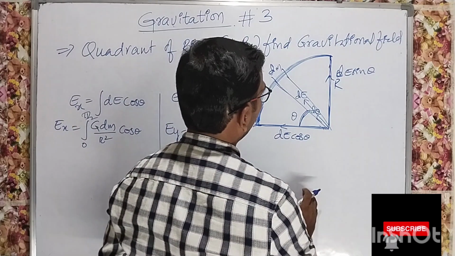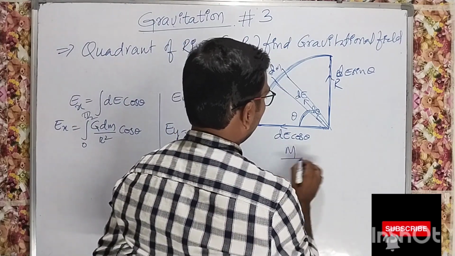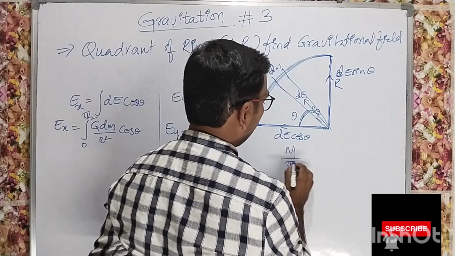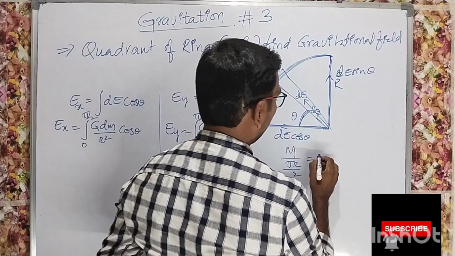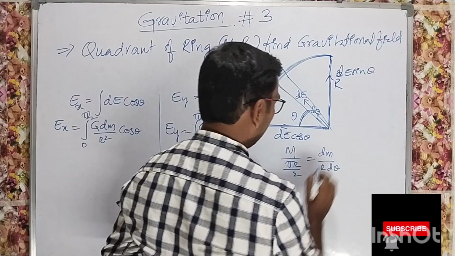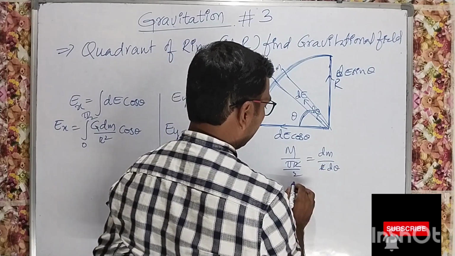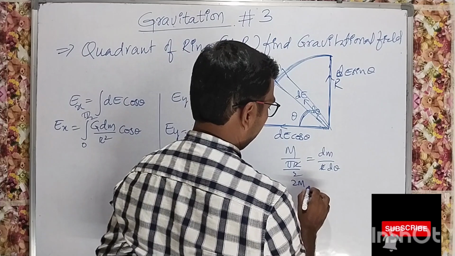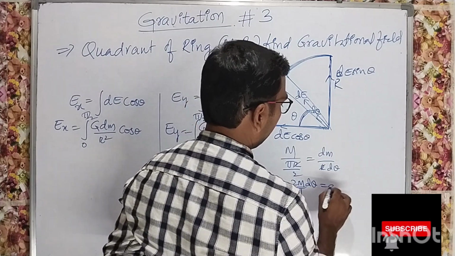Mass M over the arc length pi r by 2 gives the mass per length, and dm is that times r d theta. The r cancels, so dm is equal to 2M d theta by pi.